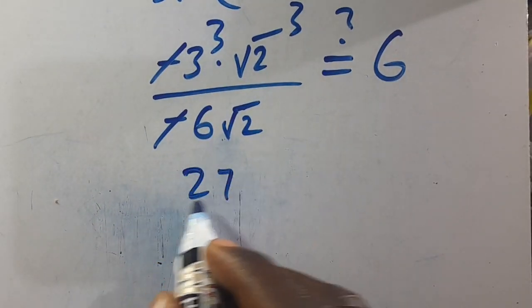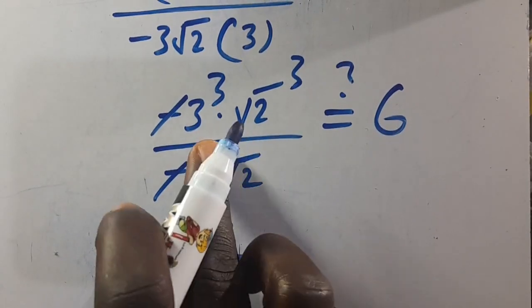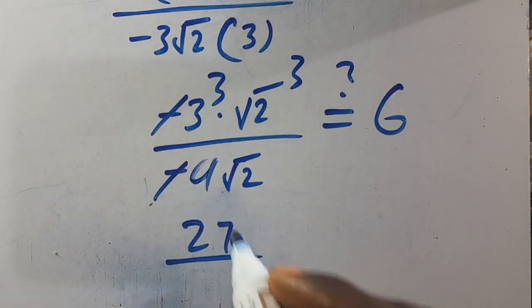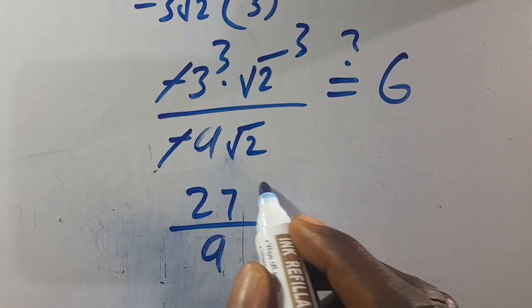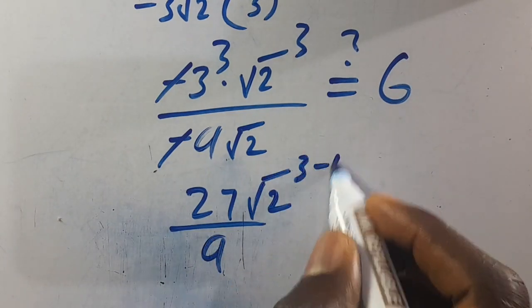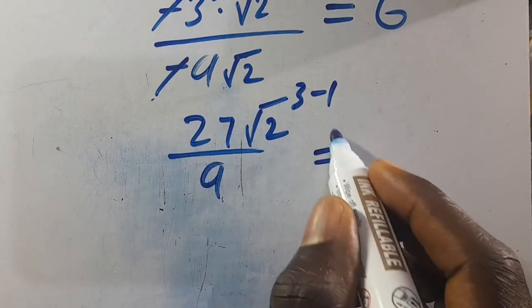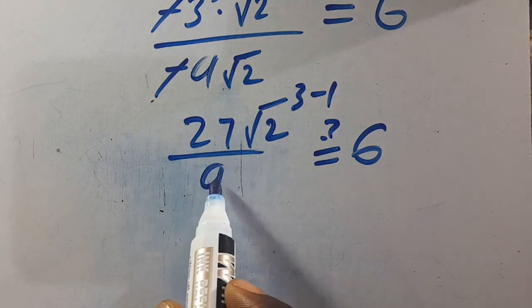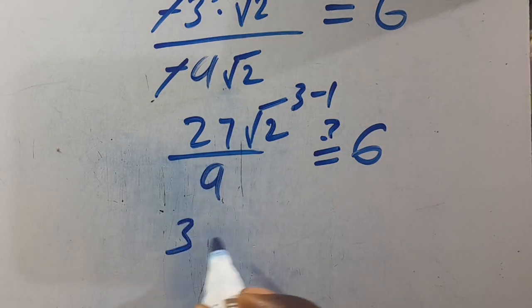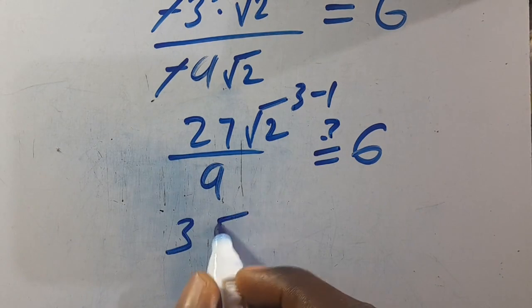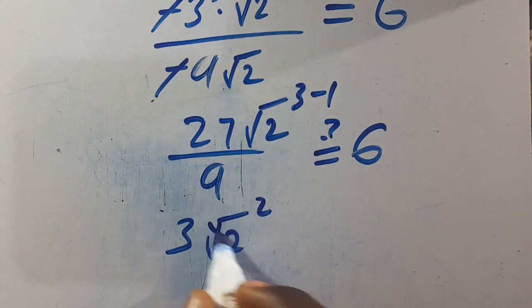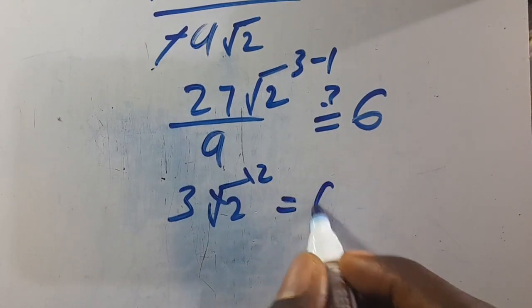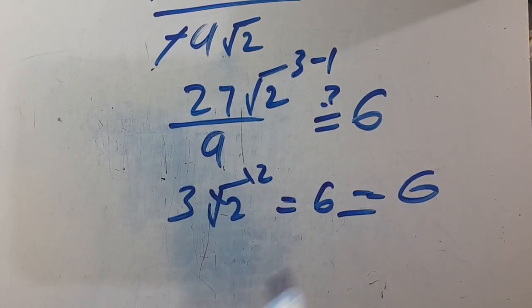We have 27 divided by 9, and then root 2 to the power of 3 minus 1. Then it's going to give you 6. 27 divided by 9 will give you 3, and we have root 2 to the power of 2. This will cancel this. So we have 6 equals 6.